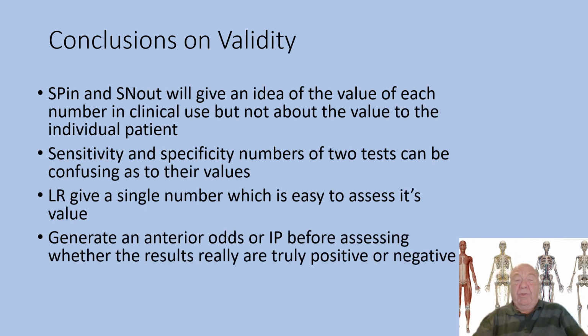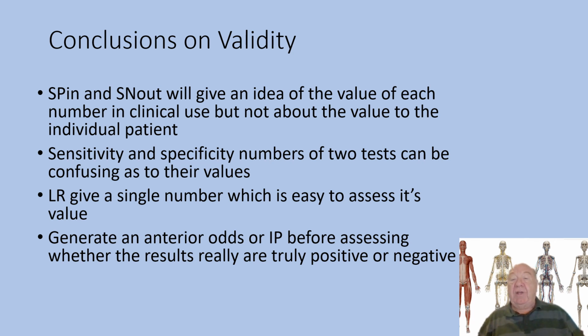So, in general, SpIn and SnOut are cute and they will stick in your memory, which is not a bad thing because it gives you a general idea of the value of each number in clinical use, but not about the value to the individual patient. That's a big deal. Statistics are all well and good, but they don't work on the individual patient unless that individual patient is completely average.